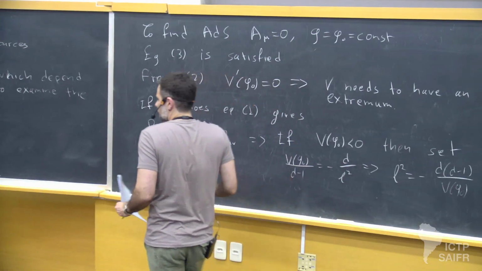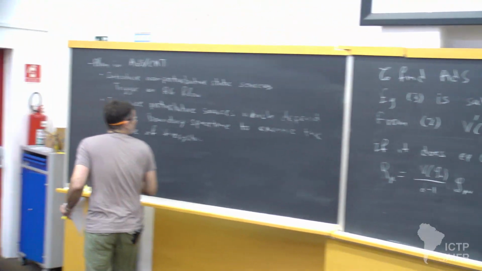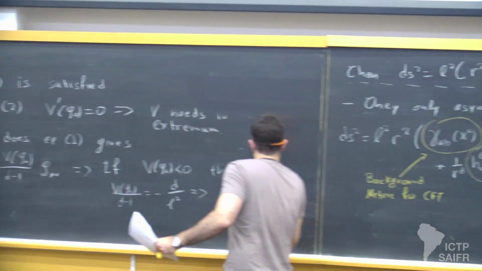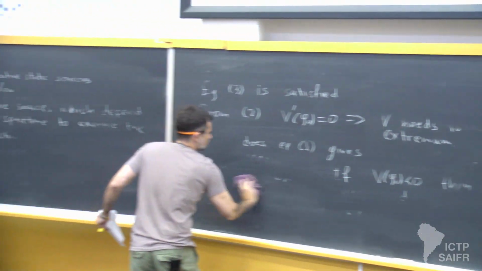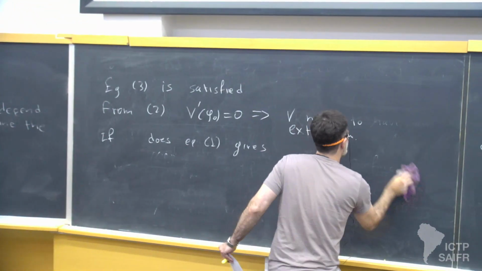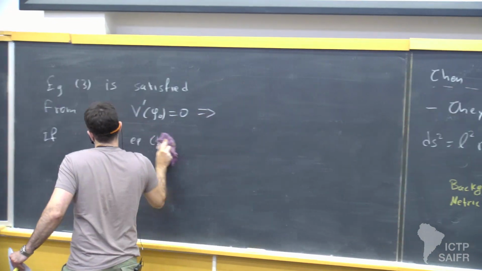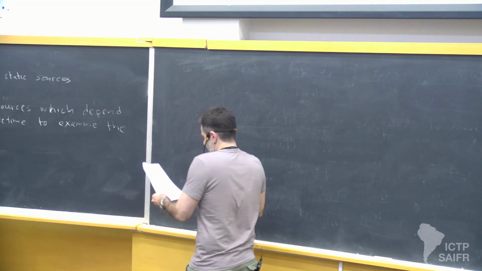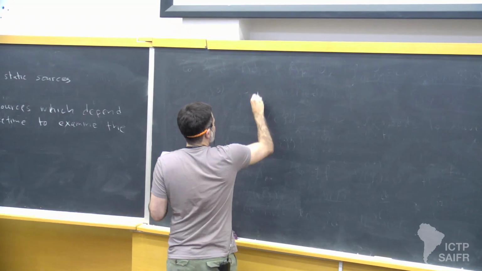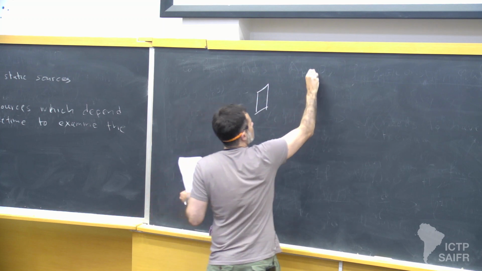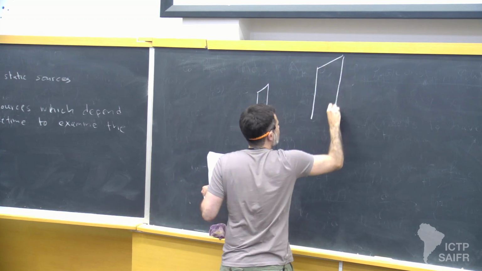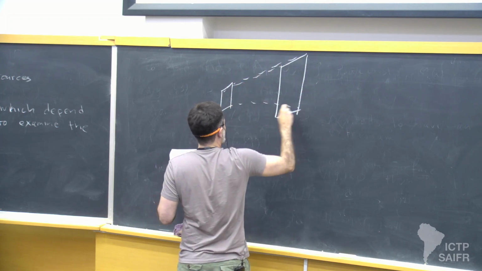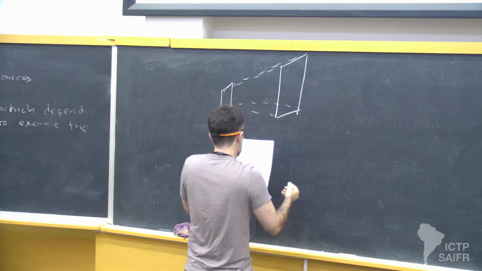Then the resulting geometry, after you deform with these static sources, is going to look something like this. This big square is like the boundary of AdS that I have deformed with these sources.